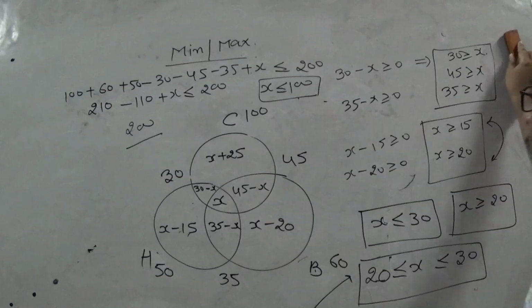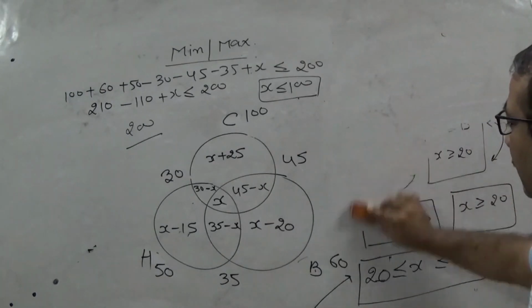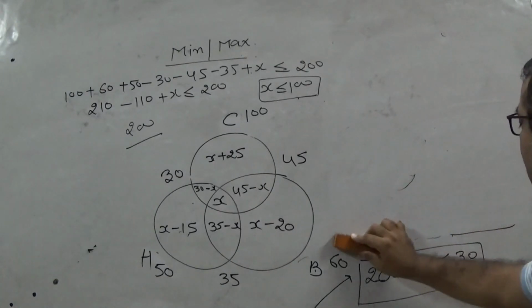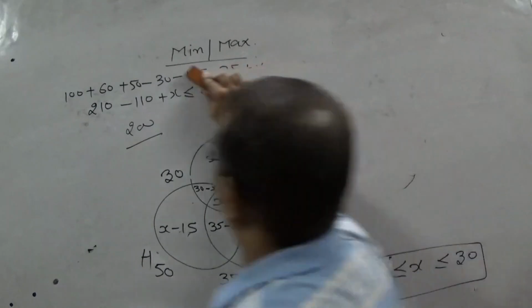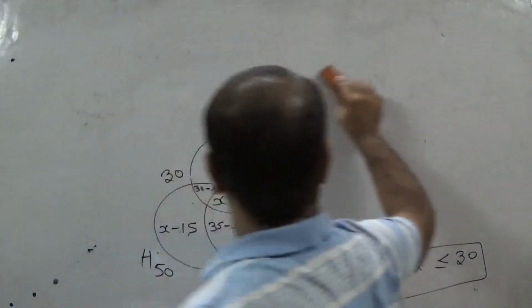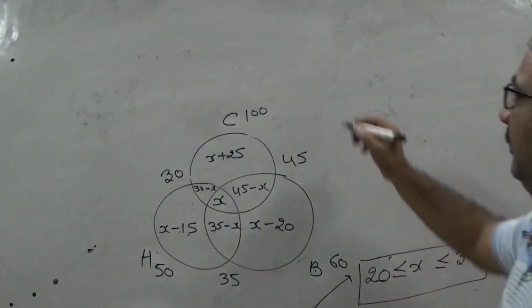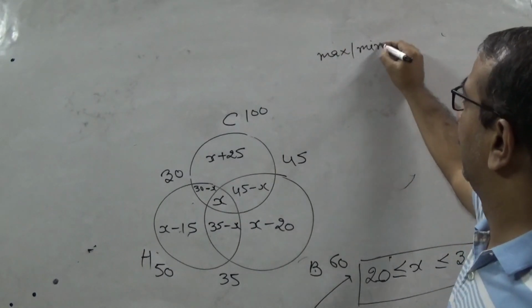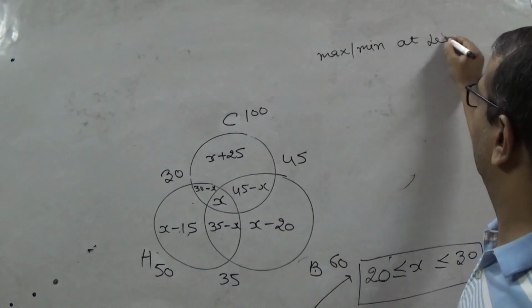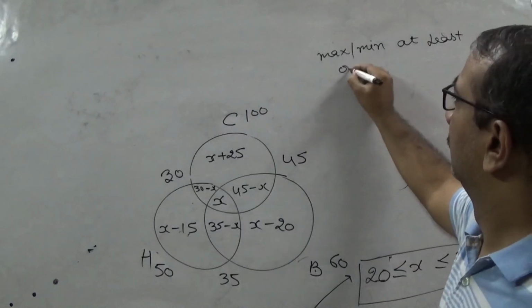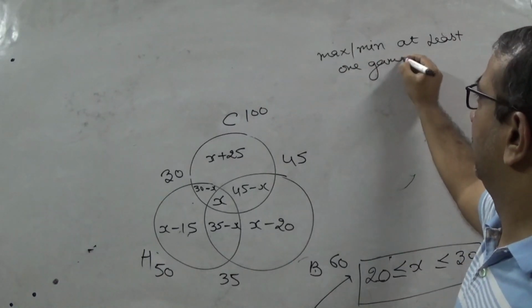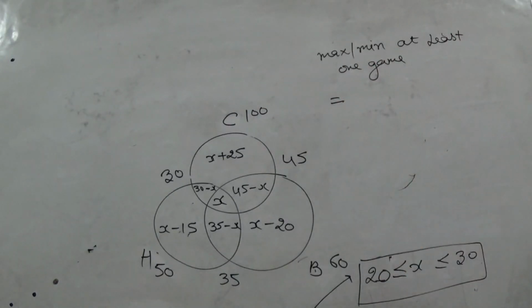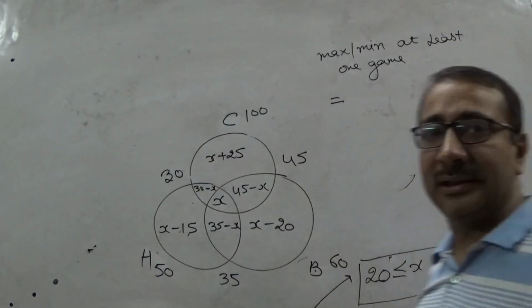Now he may also ask from you, find the maximum number of students playing at least one game. My question is, we have to find out the maximum or minimum number of students playing at least one game, right? It means first of all we have to find the students playing at least one game.